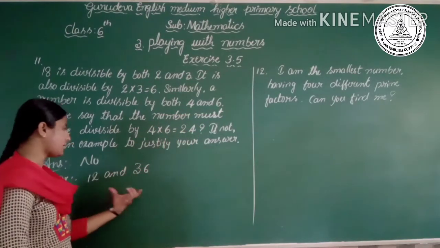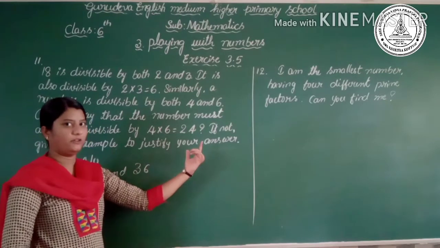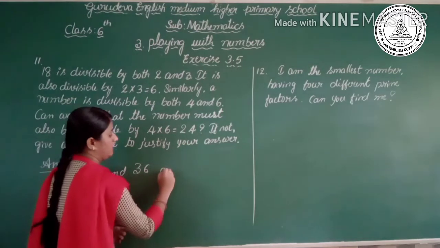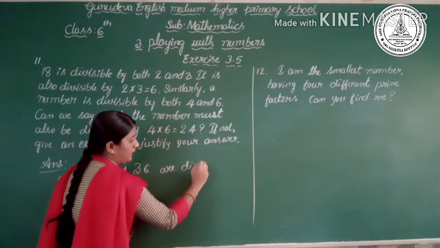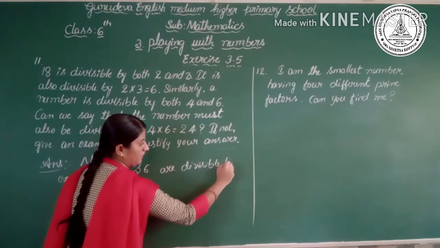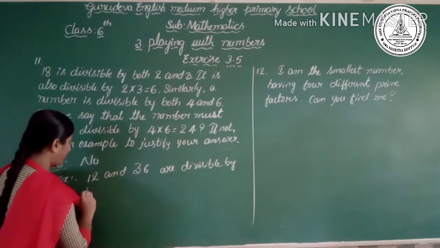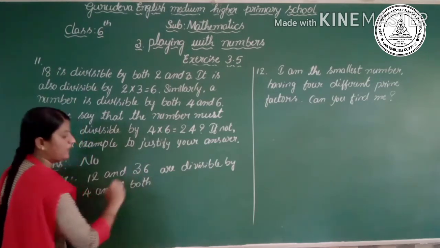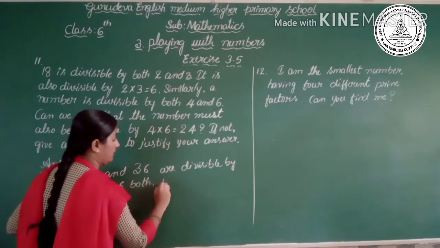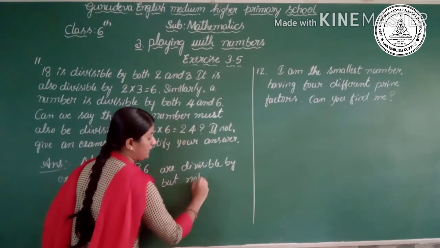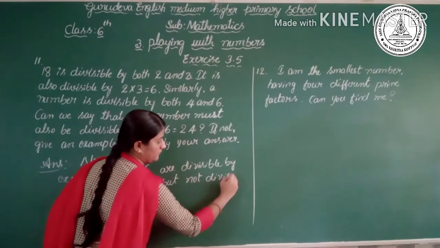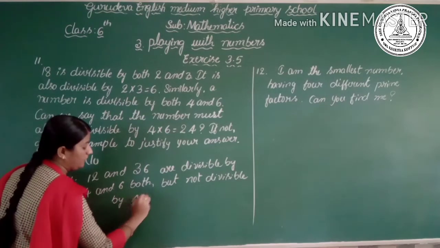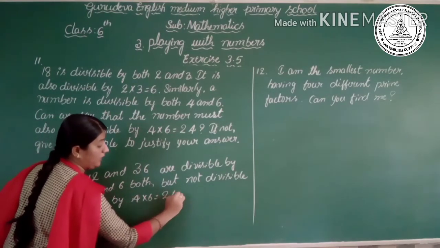Okay, it's right here: 12 and 36 are divisible by 4 and 6 both, but not divisible by 4 into 6, which is equal to 24.